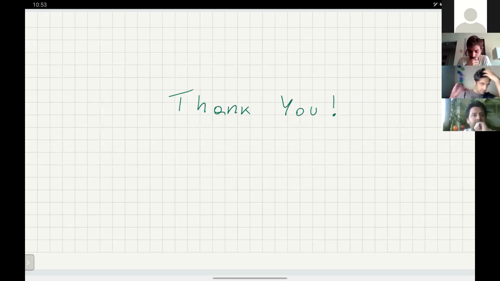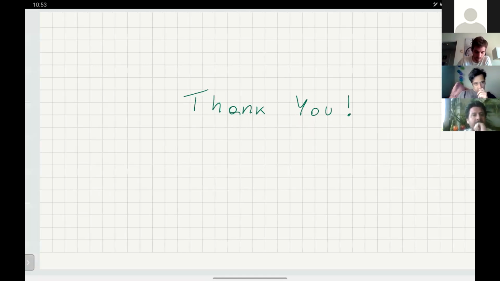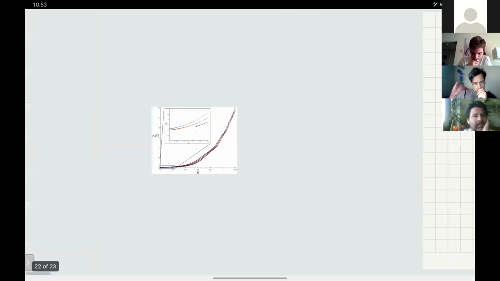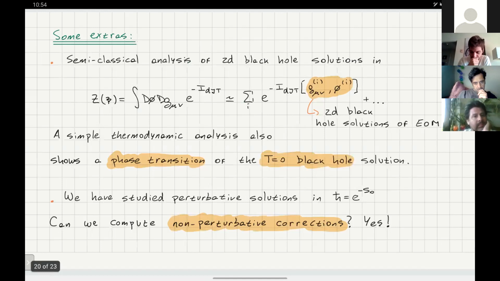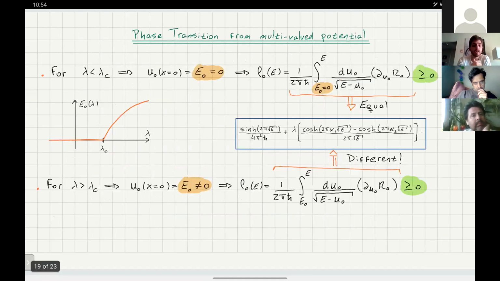And then your other question. Yeah, I'm not sure how to answer it, but what I have to say is that note that in this case, we're considering pure gravity. So there are not actual fields that we can insert and compute expectation values.